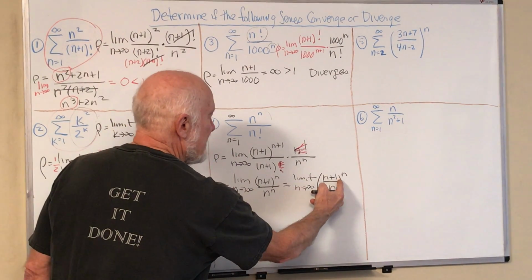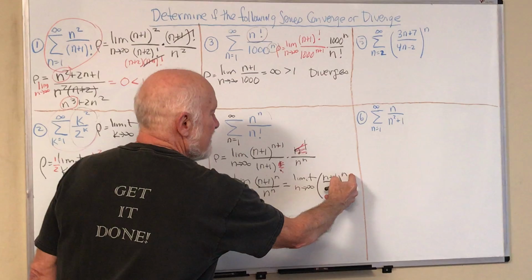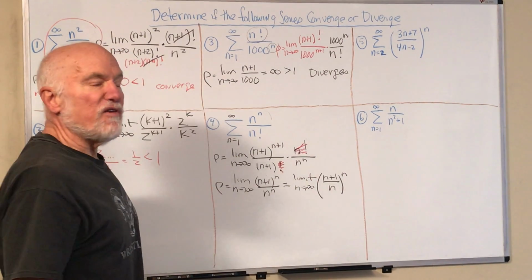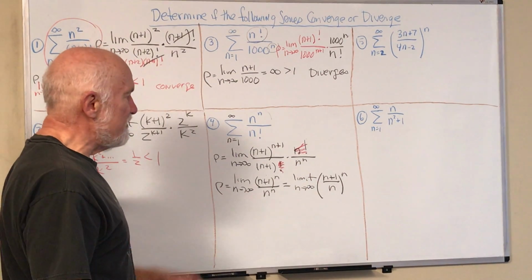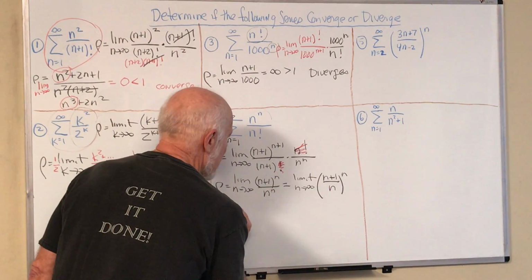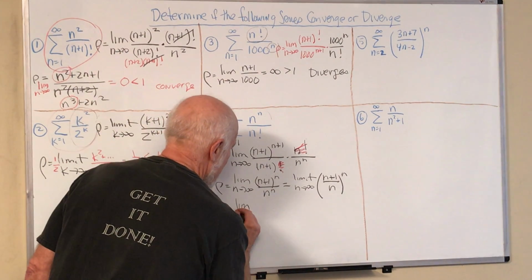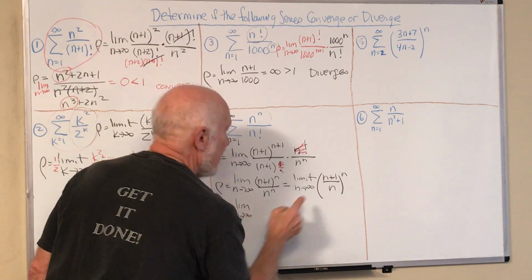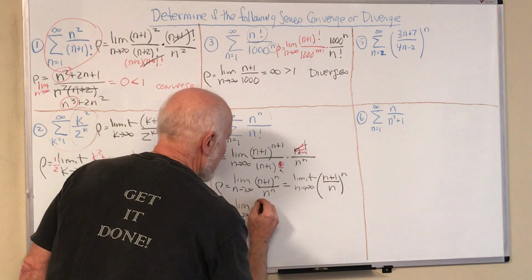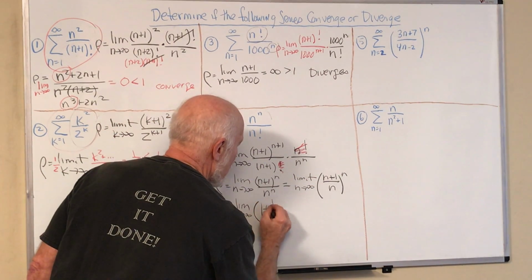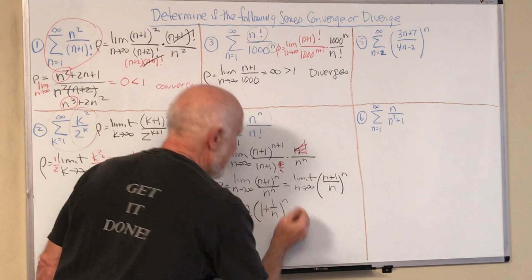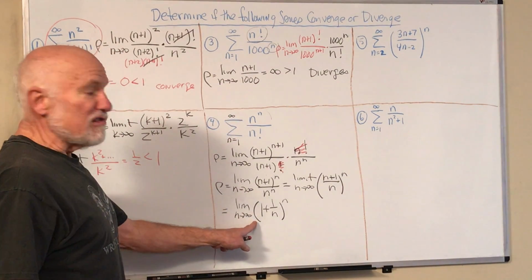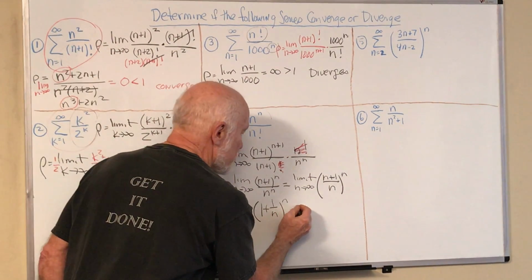So this is going to be getting really close to 1, and this is going to be getting close to infinity. So we have an indeterminate form. But this is something that we did a while ago. If I write this as (1 plus 1 over n)^n, that's that famous limit that we found converged to e.